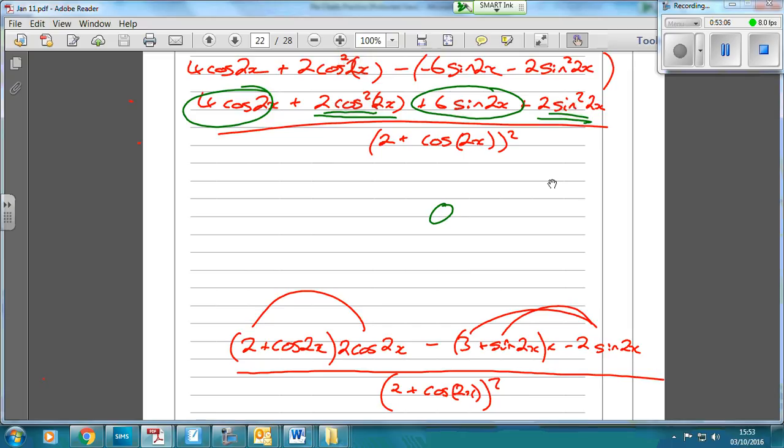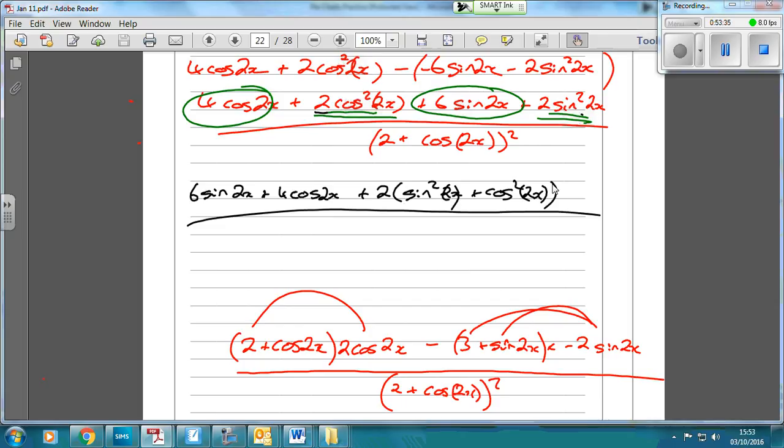So if we write that out, change the colour, we've got the 6 sine 2x plus 4 cos 2x, which you wanted, plus, and then if we factorise out the 2 here, we've got plus 2 lots of sine squared 2x plus cos squared 2x, all over 2 plus cos 2x squared. So this is what we wanted, and we wanted this just to go to 2.